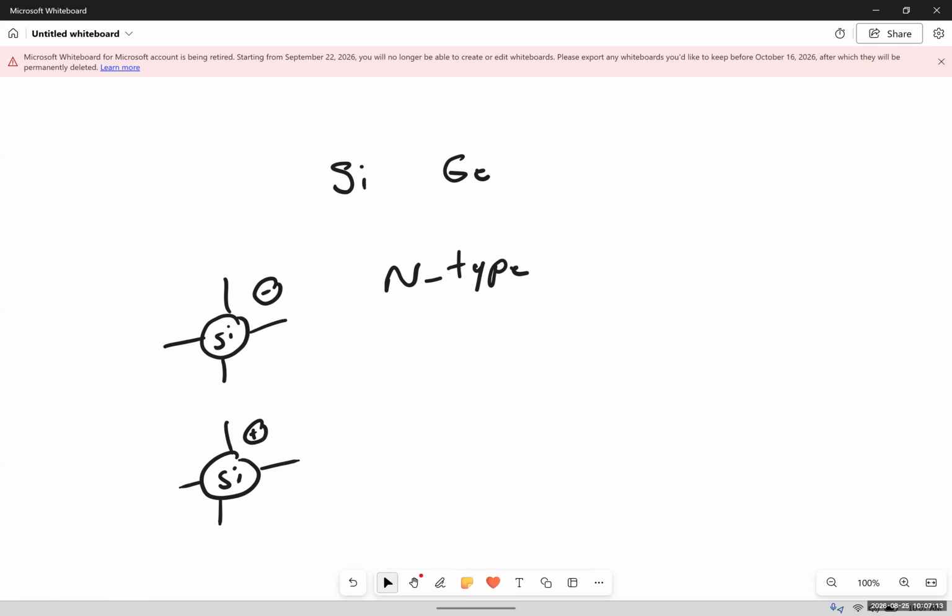So for an extra electron, you can add phosphorus or arsenic. And for an extra hole or positive, you can add boron, for example. You create a P-type. And if you combine an N-type and a P-type together, you have an NP connection. In between, you have an NP junction. And this is a diode.